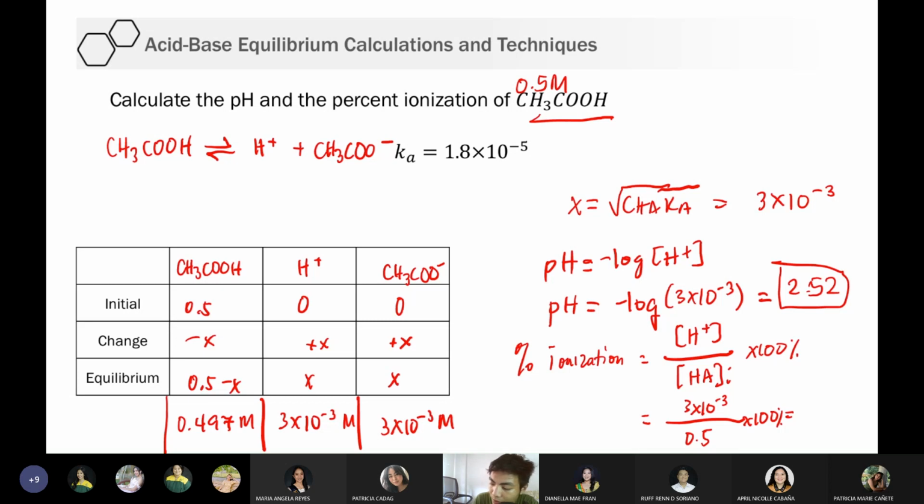So that is equal to 0.6% ionization. Only 0.6% of our original amount ang nag-ionize, no? Okay. So ganun lang. Just a few portion of it ionized. Okay? So yan. Ayun na yan. Okay?